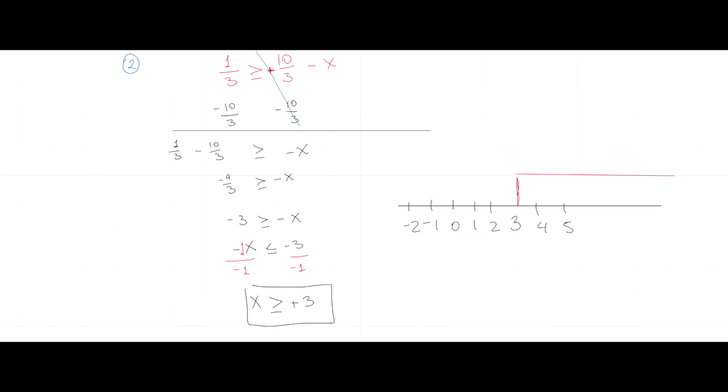Since this symbol is this one, we are going to use a closed circle. The solution is all the way to your right. Here is the positive infinity. So possible answers could be 3, 4, 5, 6, 7, any number greater than or equal to 3.